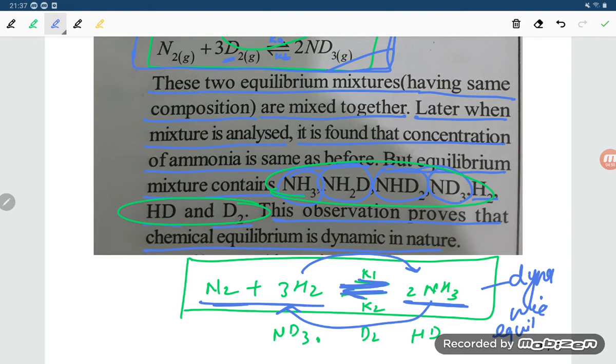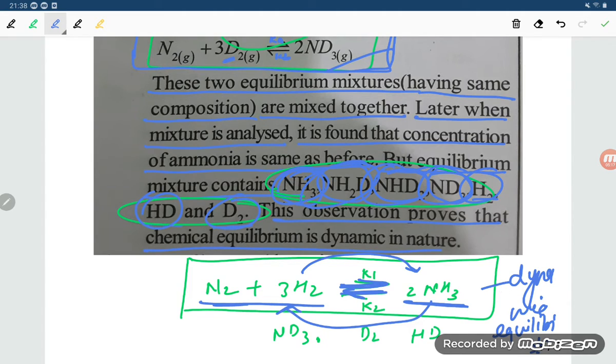Dynamic equilibrium means nothing will change, no concentration can change the equilibrium concentration. Whatever the forward reaction is, that will be the backward reaction. That is why NH2D, NHD2, ND3, H2, HD are not changing.